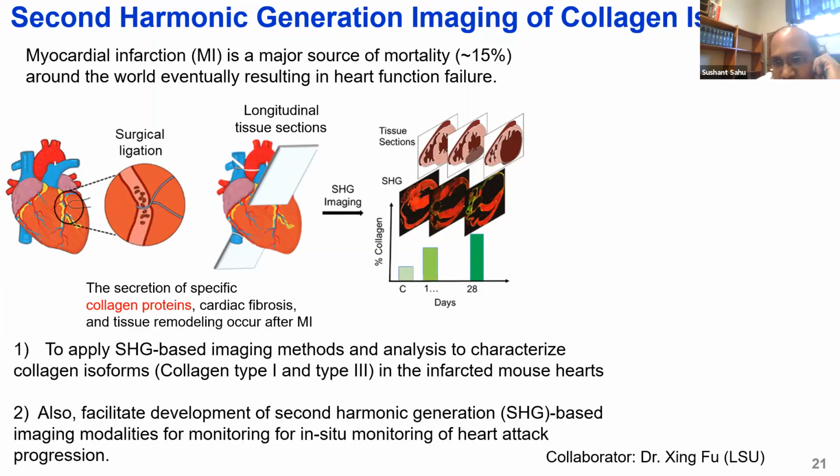Of course, we all know that the healthcare industry spends billions of dollars on heart attack related disease. Our collaborator does a surgical ligation of the left coronary artery to induce a heart attack because of reduced blood flow to the heart.